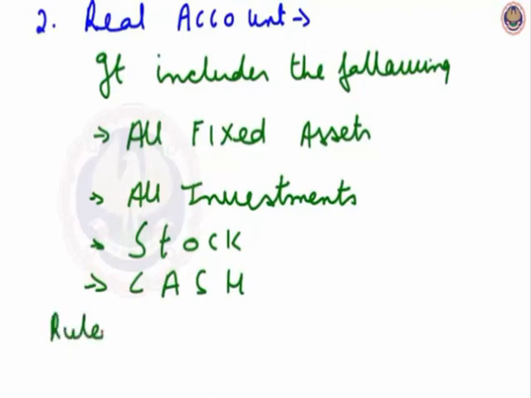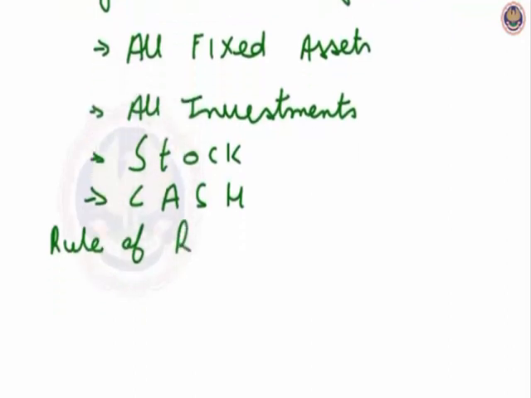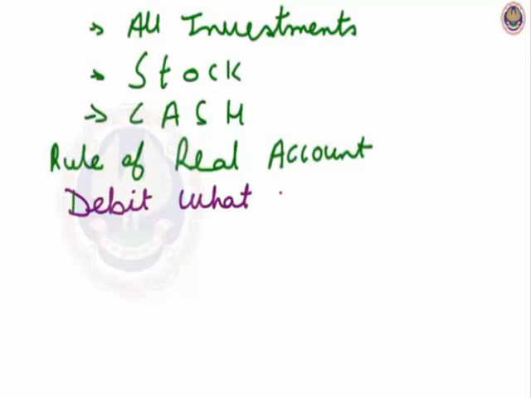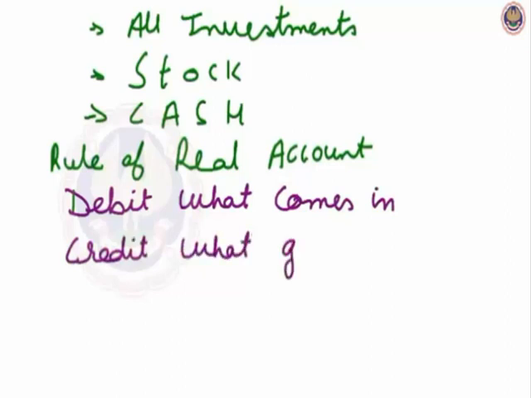The rule of real account is debit what comes in, credit what goes out. Debit what comes in and credit what goes out. So it is a rule itself.